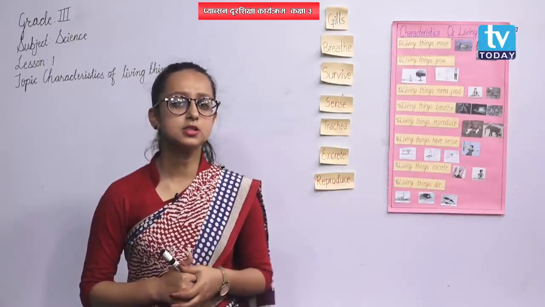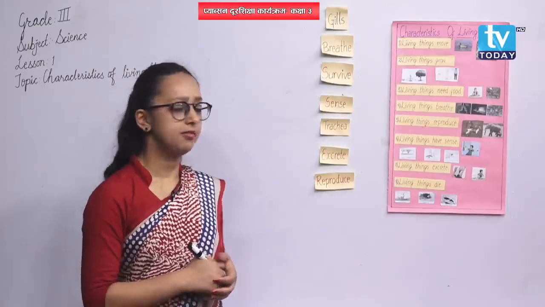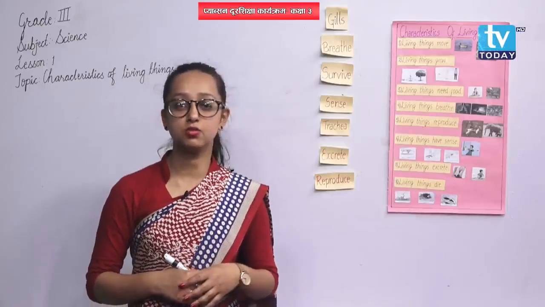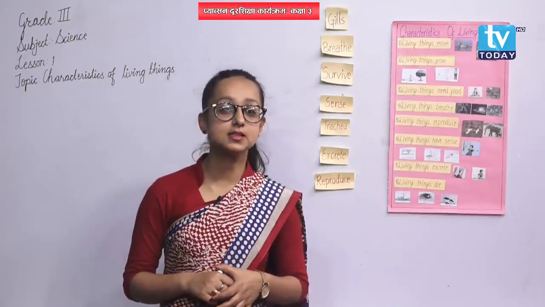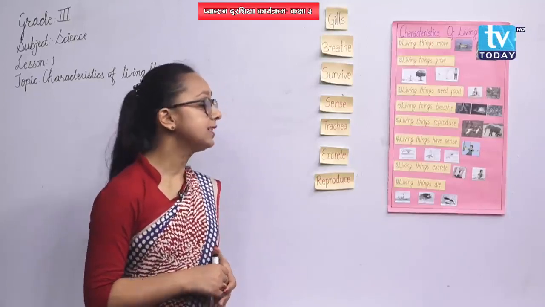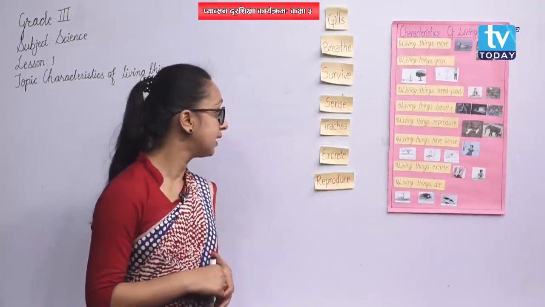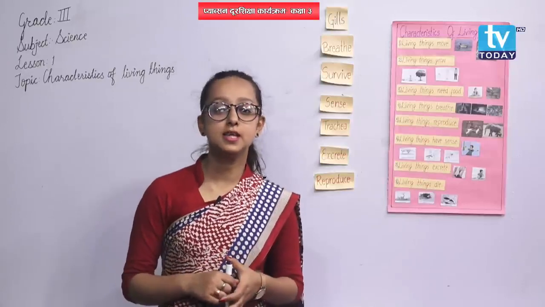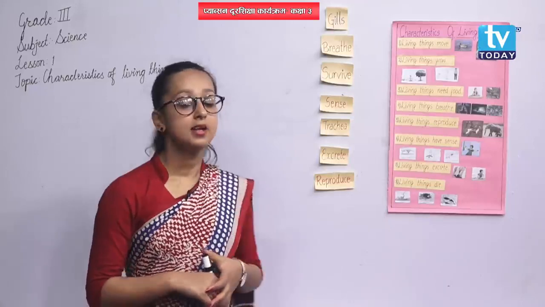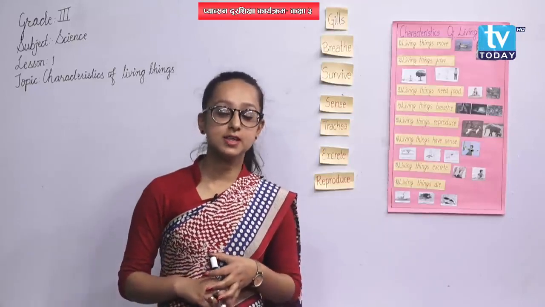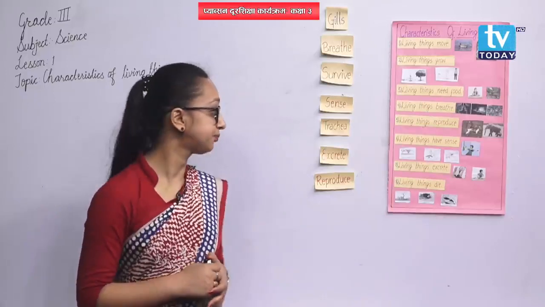So, if we need to differentiate between living and non-living things, we can say living things move, but non-living things do not show movement. Living things grow, but non-living things do not grow. Living things need food, non-living things do not need food. Living things breathe, but we haven't seen non-living things breathing, so they do not breathe. Living things reproduce, non-living things do not give birth to young ones, so they do not reproduce.